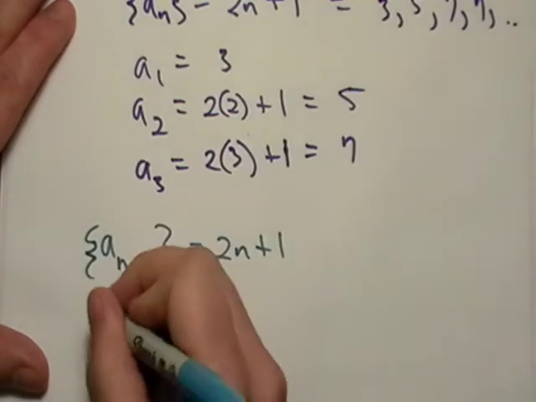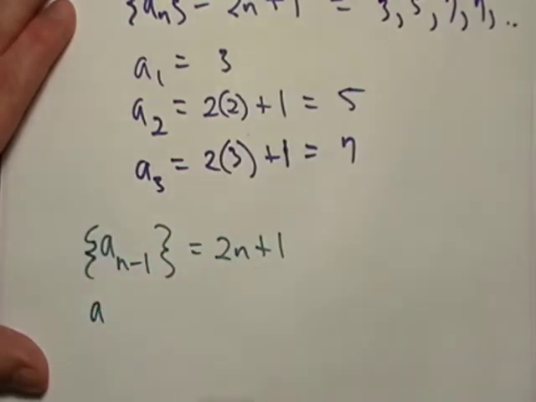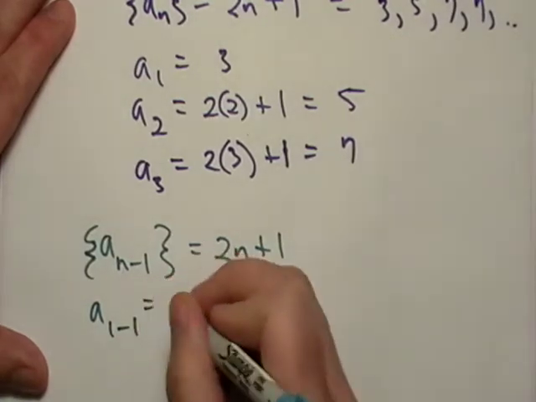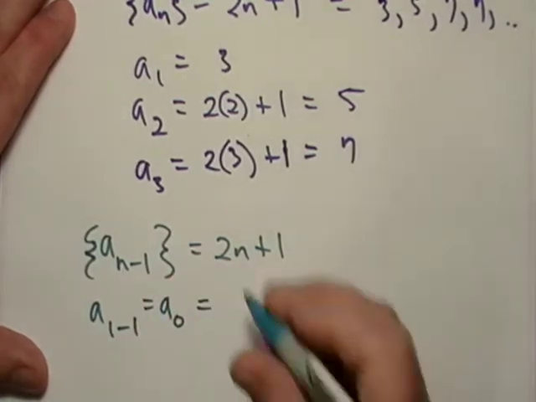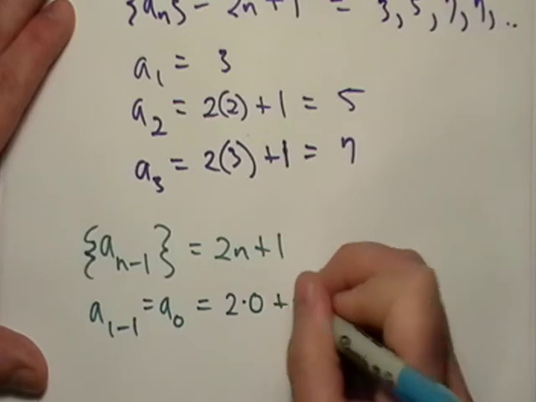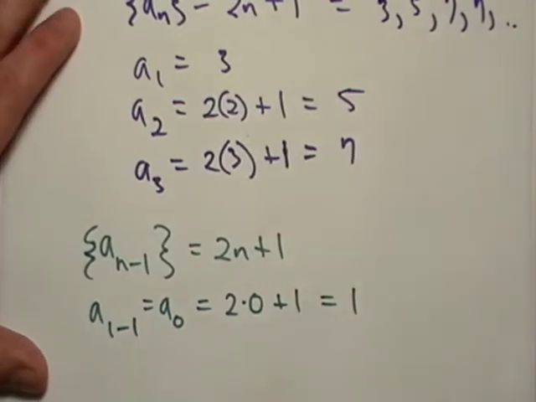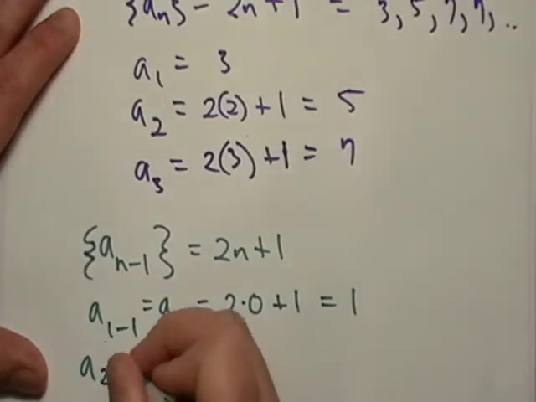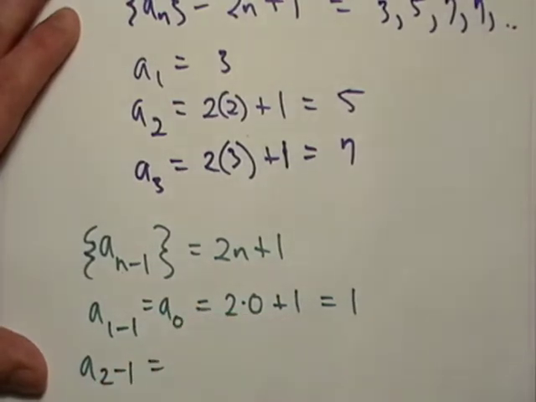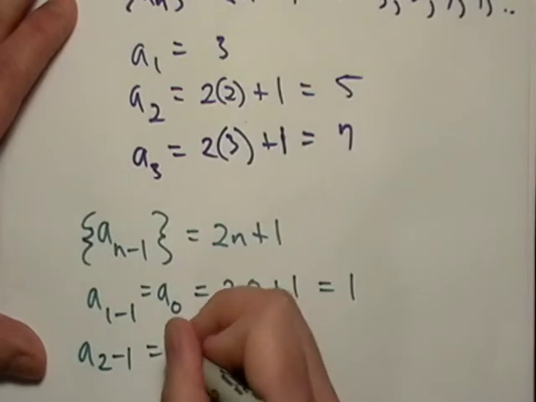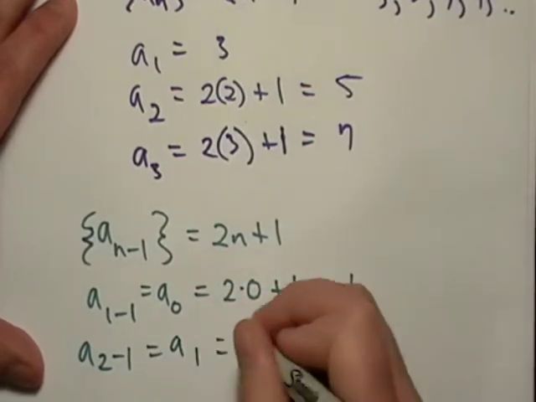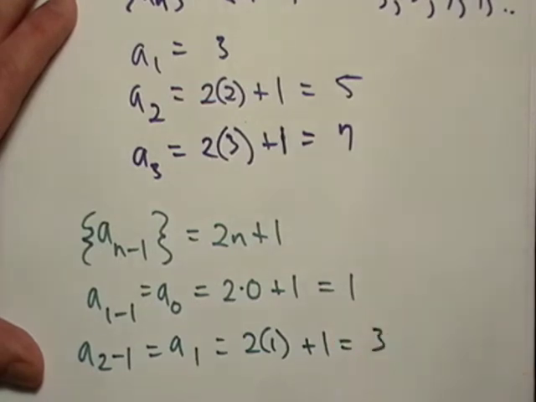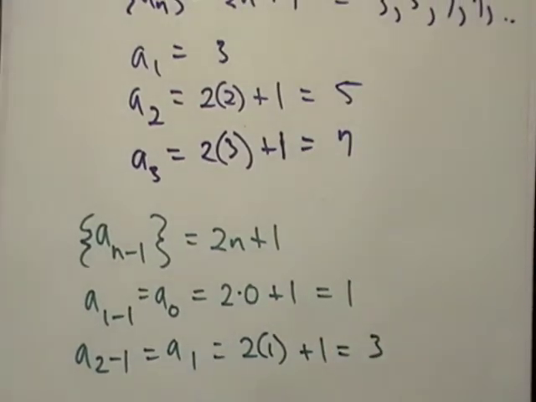Our first term will be a sub n minus 1, which is 1 minus 1, which equals a sub 0. Which means 2 times 0 plus 1 equals 1. Then my next term is a sub 2 minus 1, which gives me a sub 1. Now I'm on track, aren't I? There's my 3.